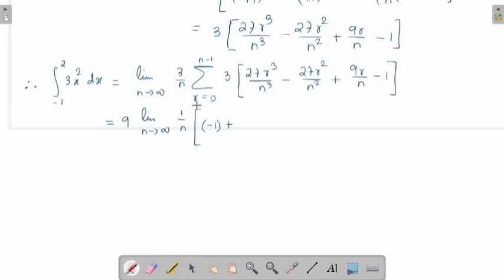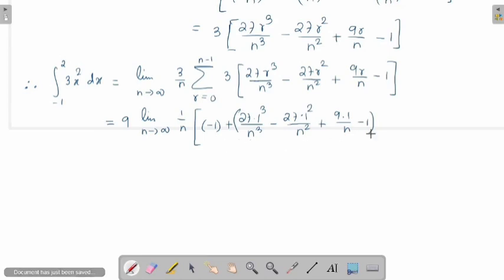Now put the value of r to be 1. So you get 27 into 1 cube by n cube minus 27 into 1 square by n square plus 9 into 1 by n minus 1. This is my second value when r becomes 1. Now next, let's see what will be the value. Let me write it here.